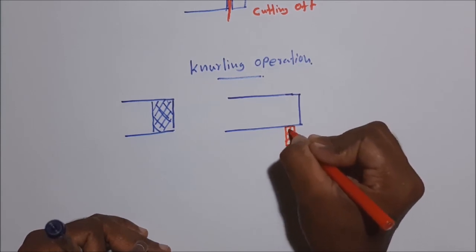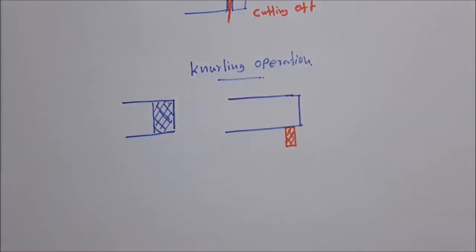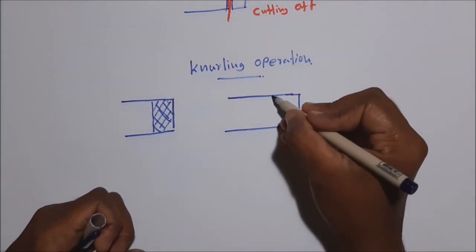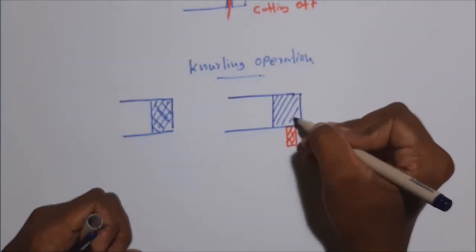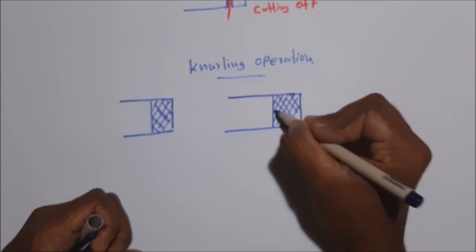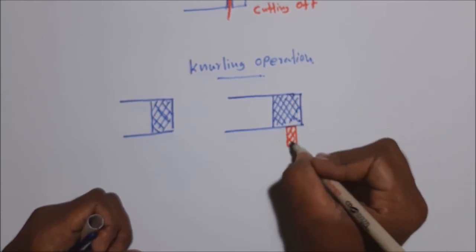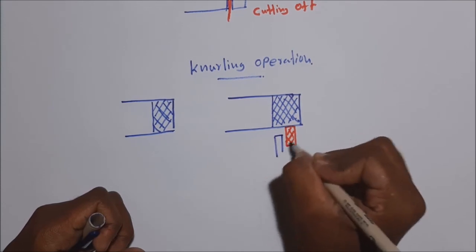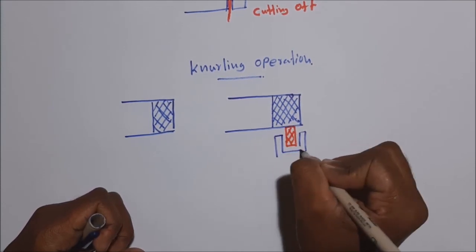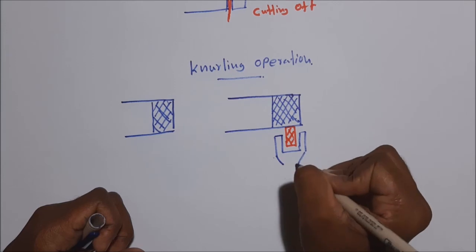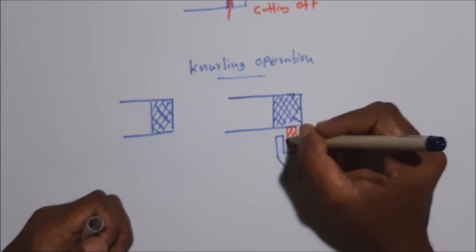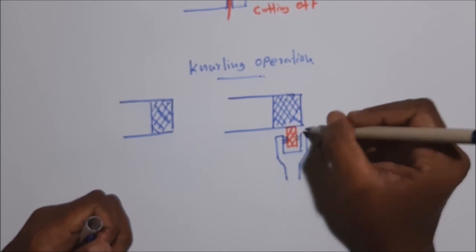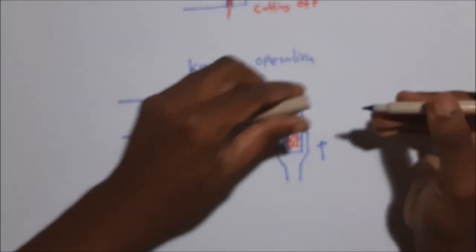While rotating the roller in contact with the workpiece, with greater pressure applied, the surface pattern on the roller is imprinted on the surface of the workpiece.